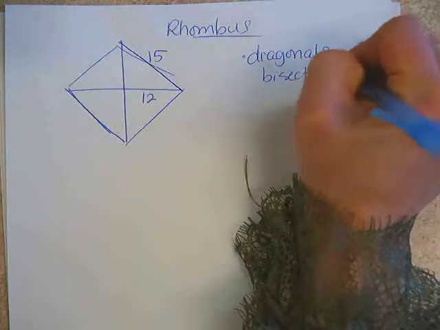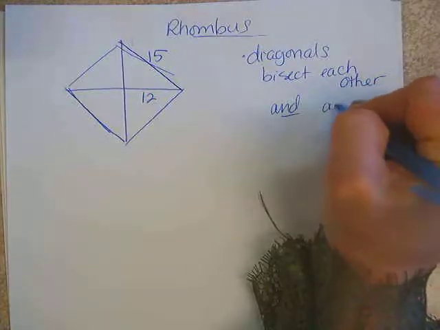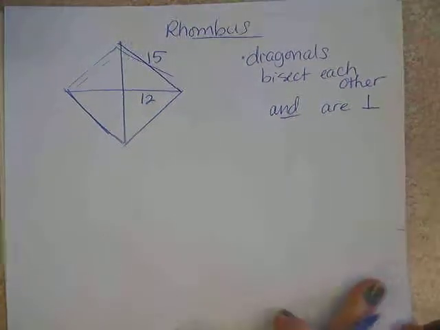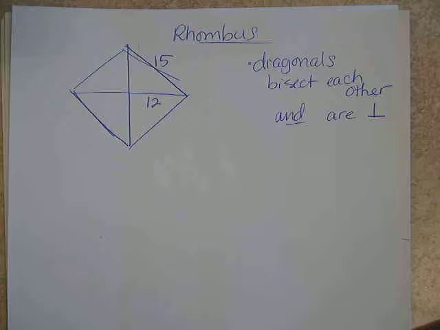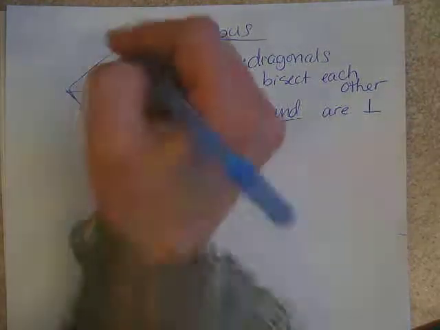Okay, the diagonals of a rhombus do what to each other? They intersect, right? They bisect each other, right?